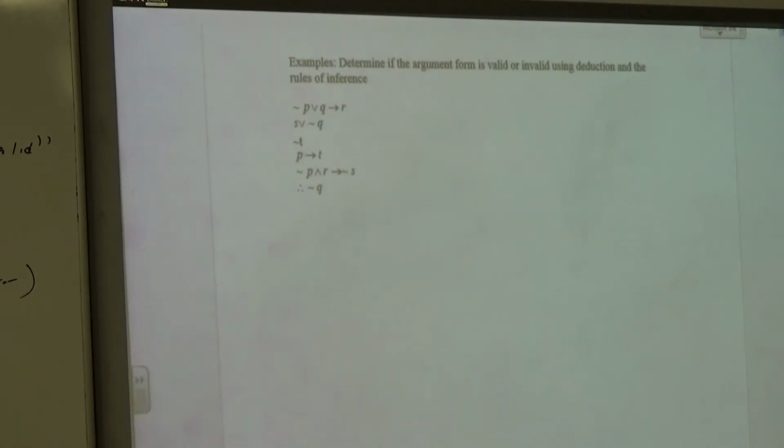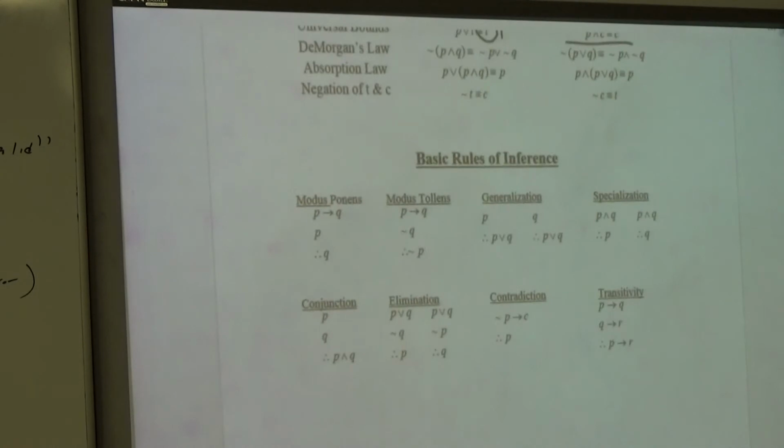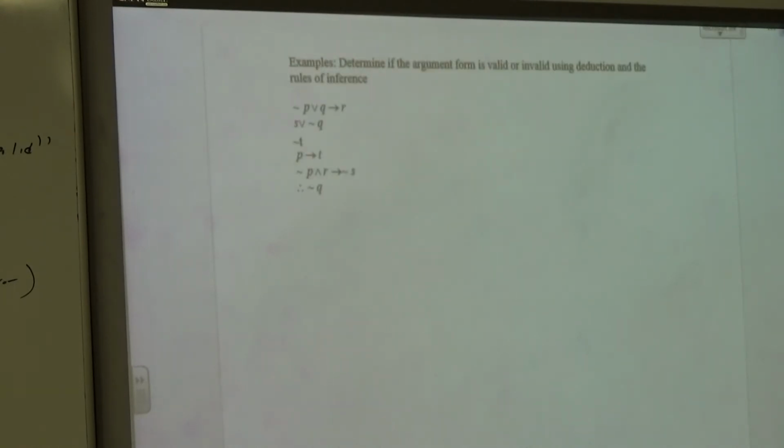So what we're going to do, instead of a truth table, is build the basic rules of inference from what's given. You guys have that sheet, okay? I can't look back and forth, but what we're going to do is just pick apart the premises to get to the conclusion.